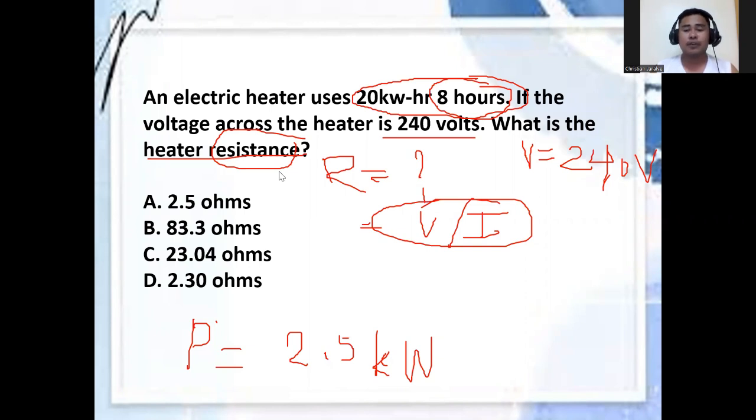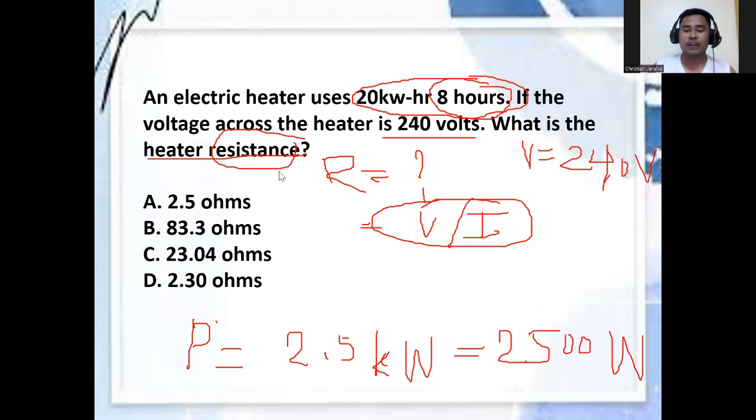Let's convert the power from kilowatts to watts. Ilang watts kaya to? How many watts is this? Since our power is 2.5 kilowatts, what is the value in wattage? That is very good. That is 2,500 watts.